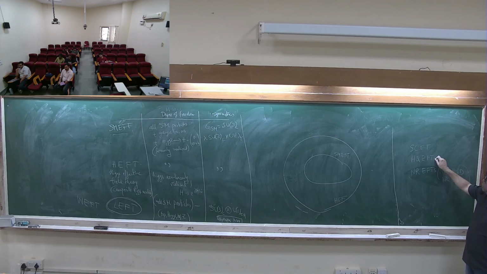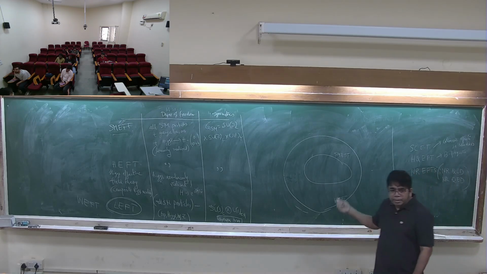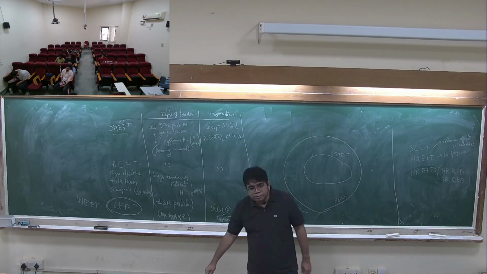Heavy quark effective field theory is more for B physics. SCET is for collinear effects in colliders. So there is this bunch of effective field theories which are used.